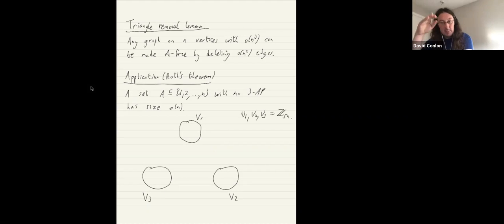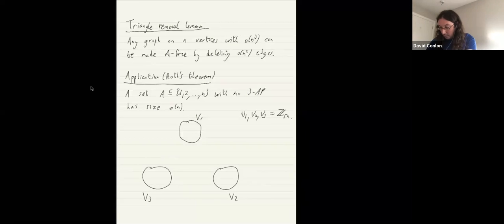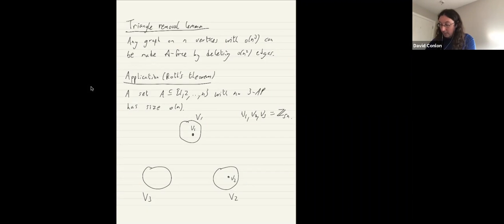It doesn't particularly matter, but basically it's Z_{Cn} for some C bigger than 1. And what we do is we join a little v1 in V1 to a little v2 in V2 if their difference is an element of the set A that I claim has no 3APs. And I do a similar thing over here.